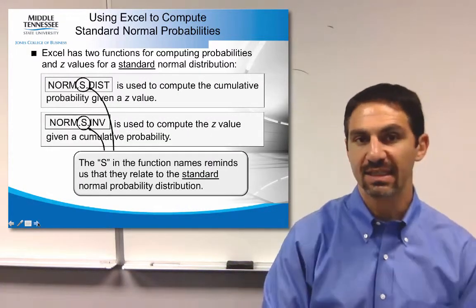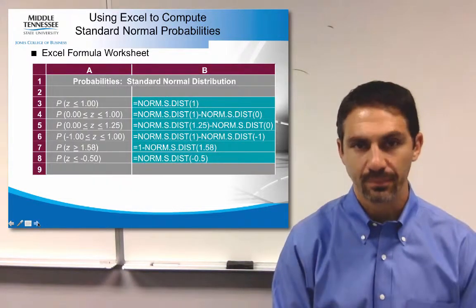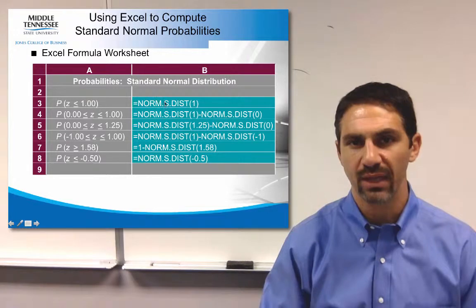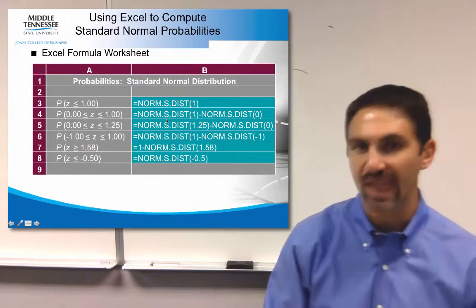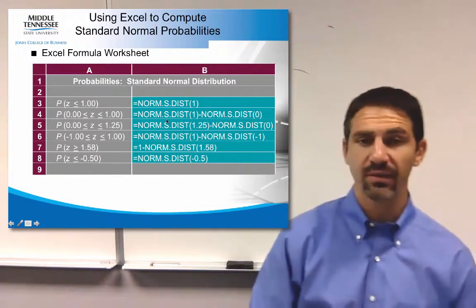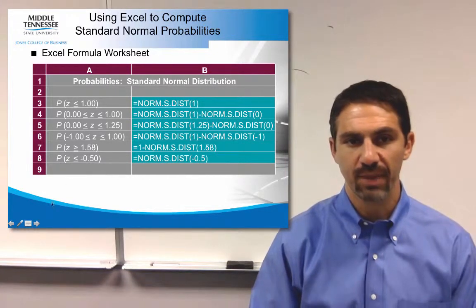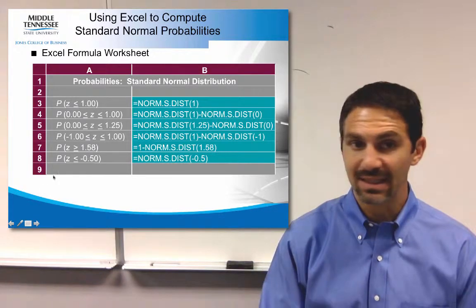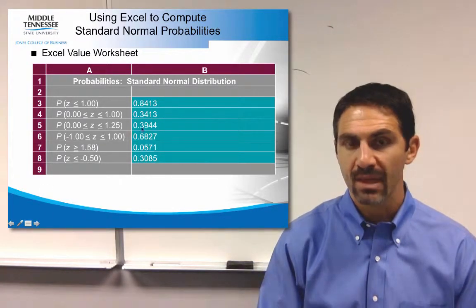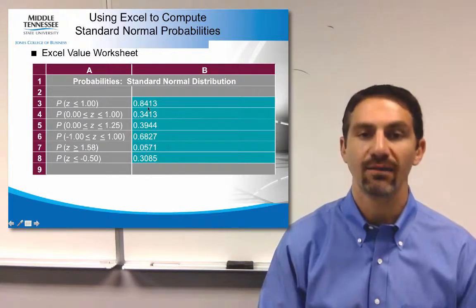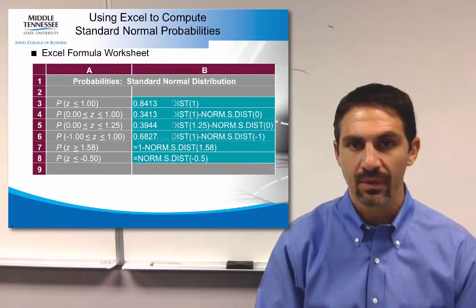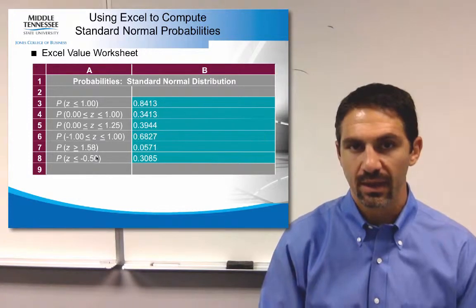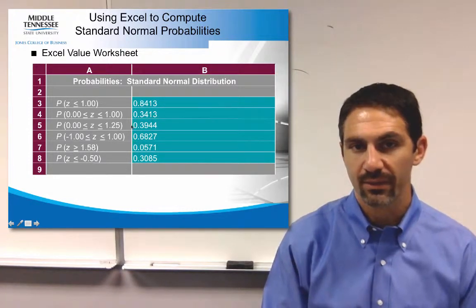If you want to do this in Excel, it's just as easy. All you have to do is go in there and put in NORM.S.DIST, S standing for standard, which is your bell curve, and you can see your different probabilities. For example, the probability of a z-score being less than 1 is 0.8413. The probability of being between 0 and 1 is 0.3413.